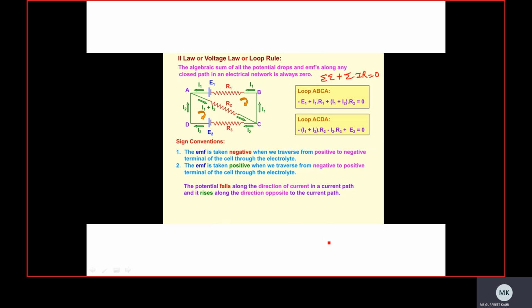That is, the potential falls along the direction of current in a closed path, and it rises along the direction opposite to the current path.